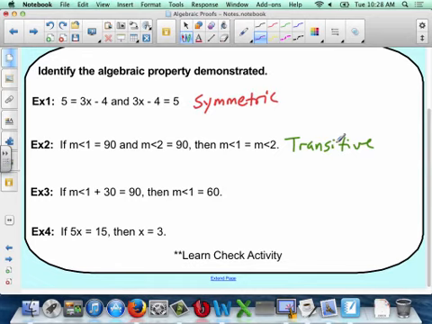Okay, so we're looking at number 3, right? Okay, and I have this. Angle 1 plus 30 is 90. What did I do to get to the result of angle 1 equals 60? What's missing from this side to this side?